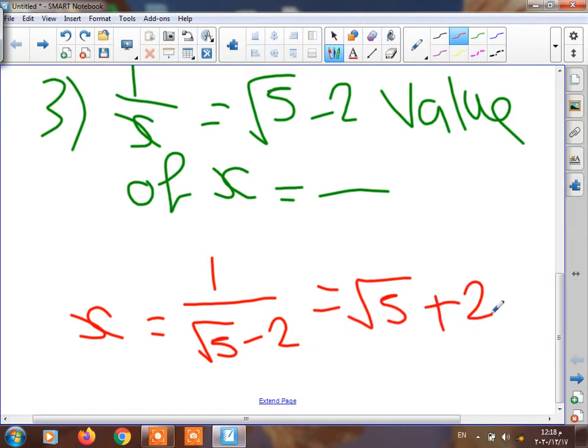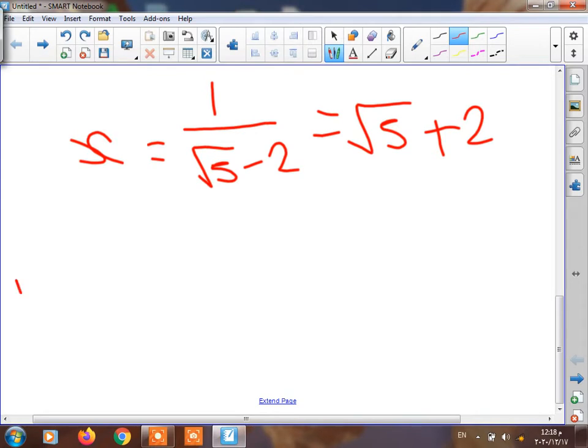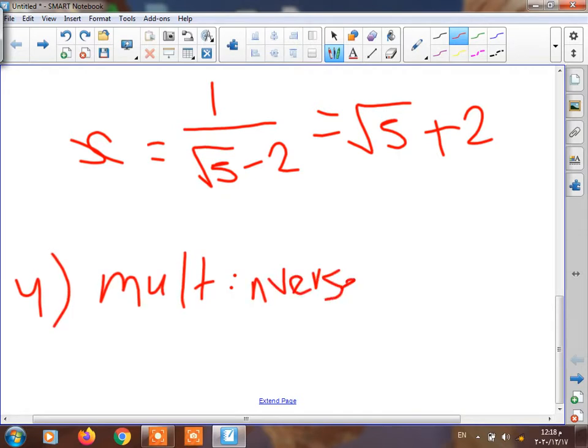Okay, after that number 4, he needs the multiplicative inverse of root 3 minus root 2.